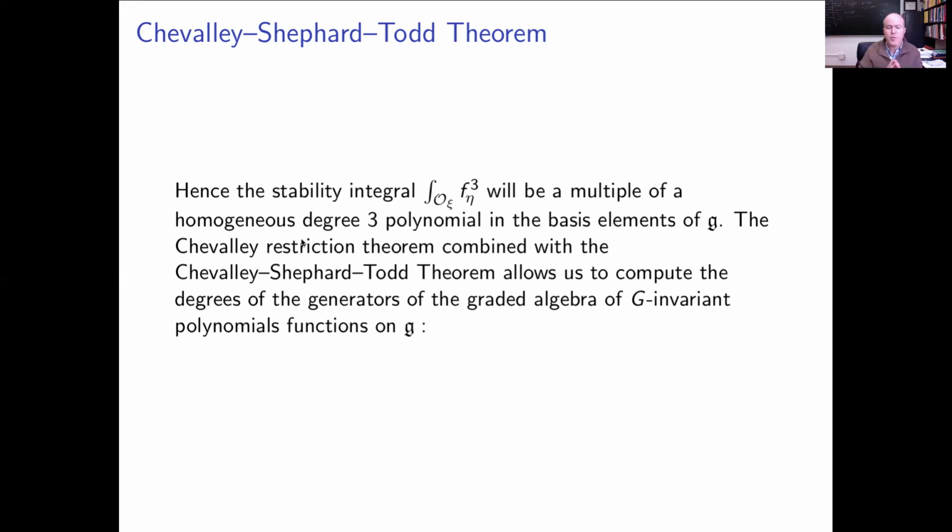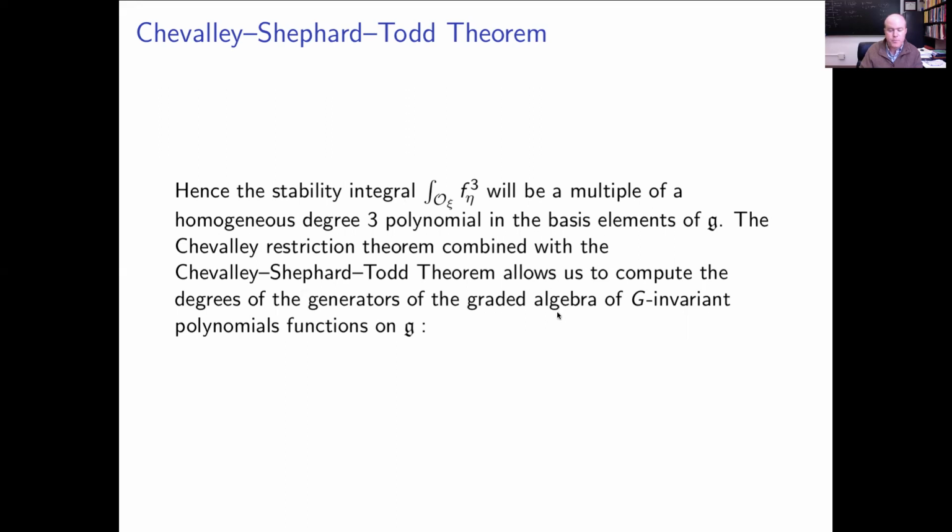And there's a theorem called the Chevalley-Shephard-Todd theorem, which explicitly states the generators for the graded algebra of invariant polynomial functions on a Lie algebra. And the point is this is going to be a cubic G invariant polynomial function on the Lie algebra.